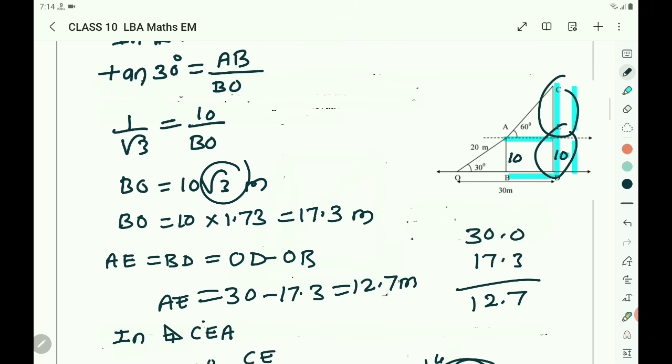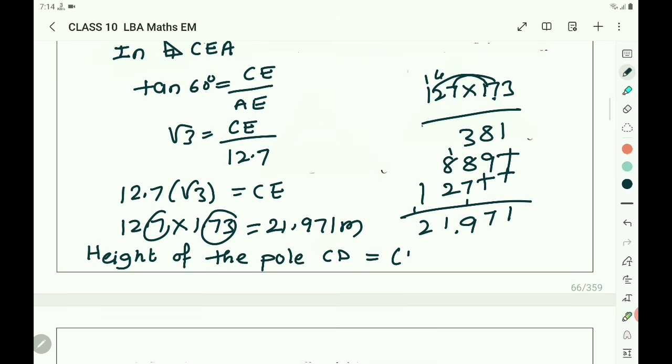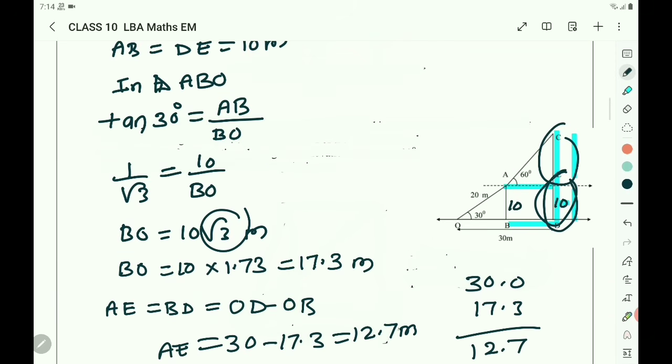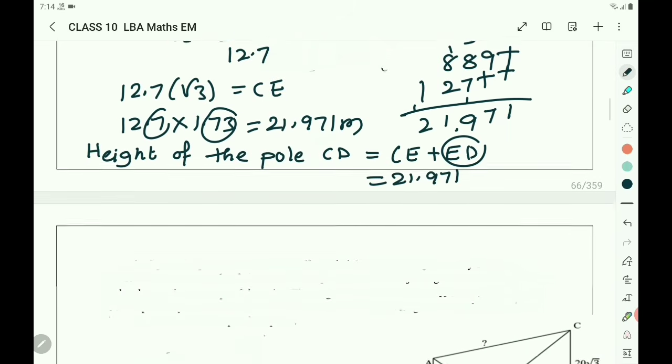CE plus ED. CE is 21.971. ED is 10, from here to here 10.